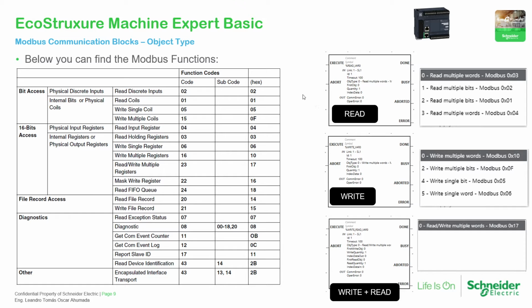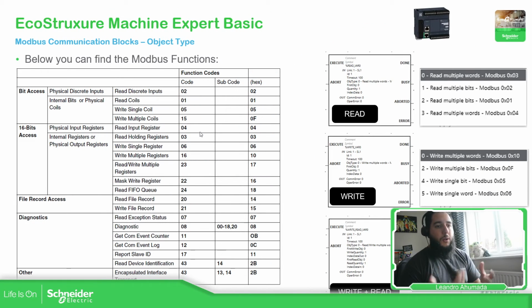If you configure the object type as 03, you go over here and find the 03: it can read the holding registers. And the holding register could be the percentage MW of the other PLC.